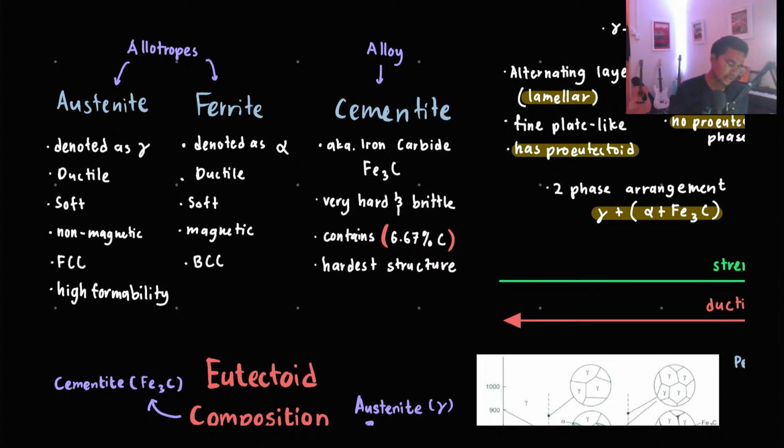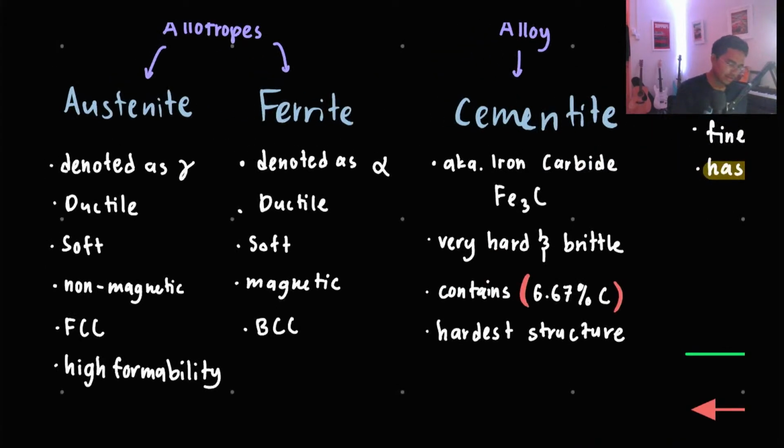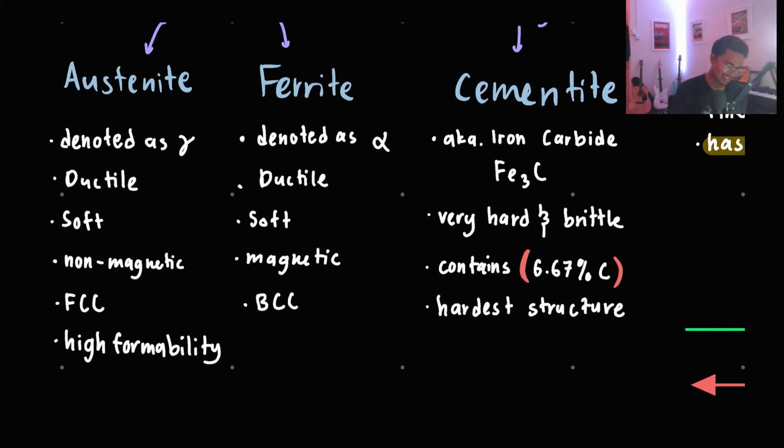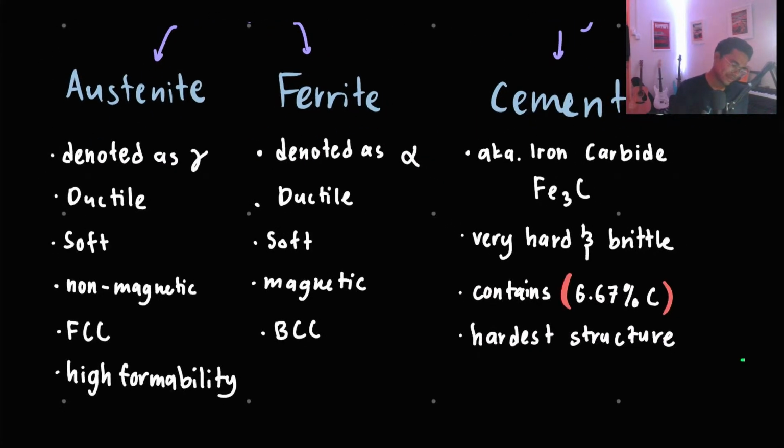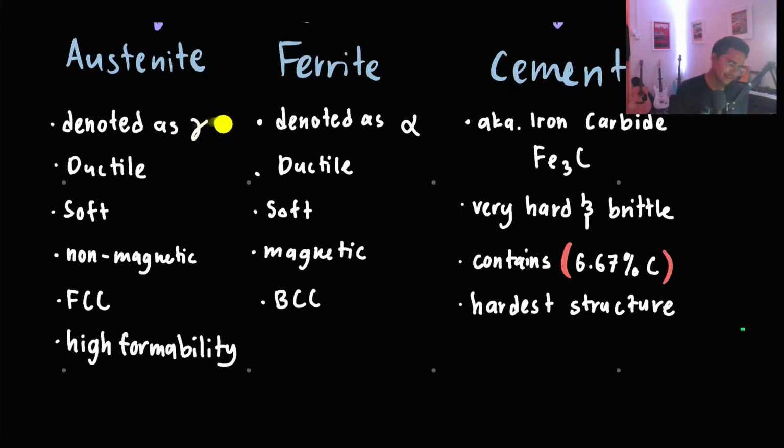Austenite is denoted as, not sigma, beta, I don't remember. It's denoted as lambda. Ferrite is denoted as alpha. So austenite, gamma. Thanks Bari. This is denoted as gamma.